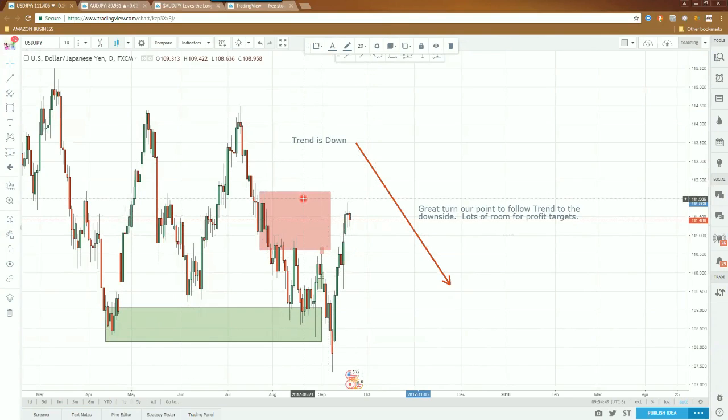Now, the only thing to really mention in all of this is the fact that this supply zone has been hit several times, like a whole bunch of times. So this supply zone is weak, and since we're seeing price retest the upper echelons of this supply zone, realize that this is the last hurrah that could be happening here to the downside.